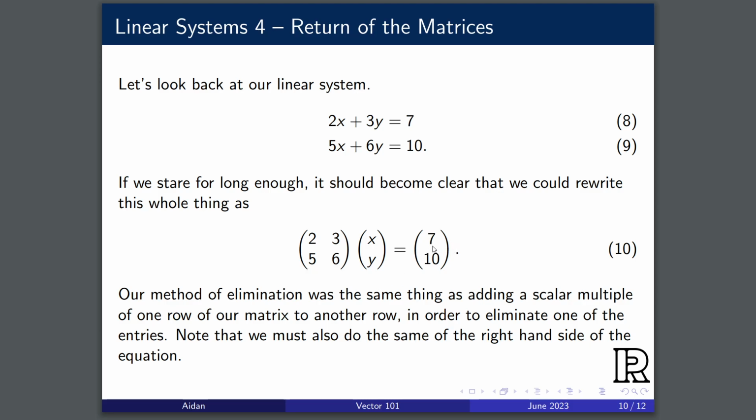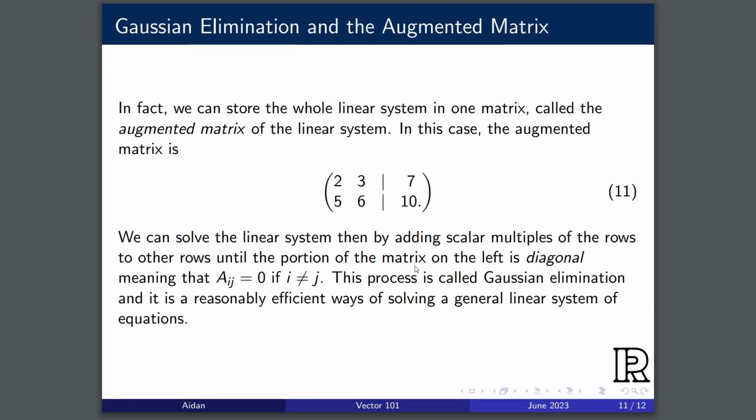And we just have to make sure that we do the exact same operation to the right-hand side as well, and then we can solve the equation using elimination. And this is exactly what we do. We can store the entire linear system as just one matrix that we call an augmented matrix. And we put these little lines just to separate the left block from the right block.